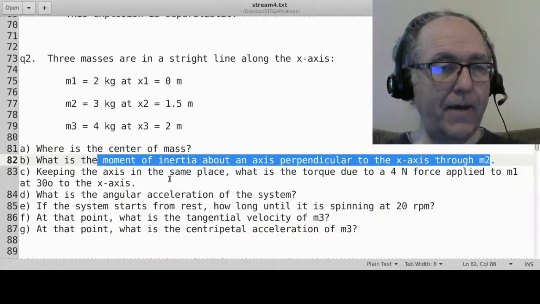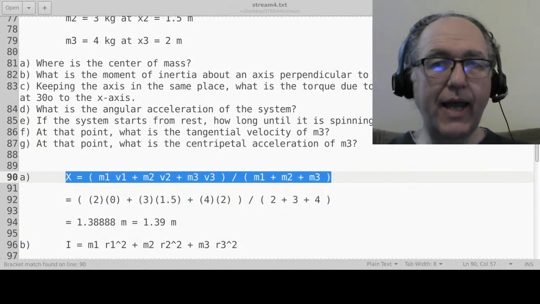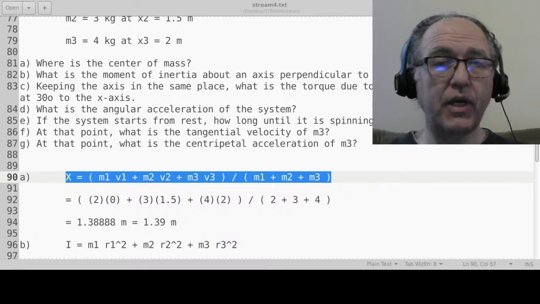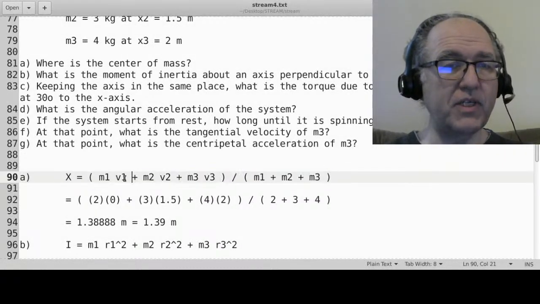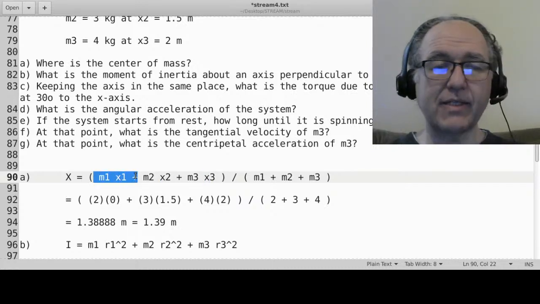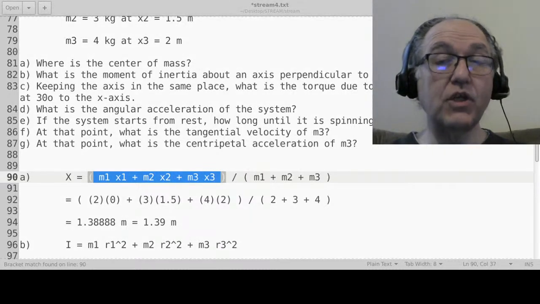The formula for that is given by this. There's a numerator and a denominator. This is what's known as a weighted average. On the top you have, whoops, these should not be v's, these should be x's. You have m1 x1 plus m2 x2 plus m3 x3. That's in the numerator.